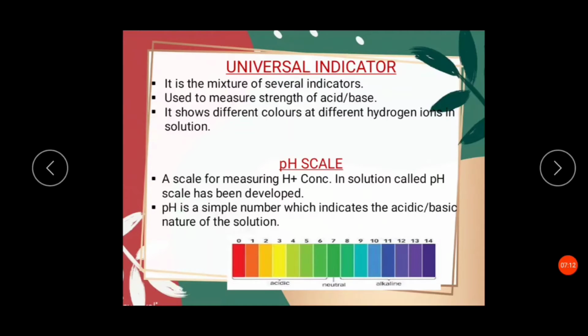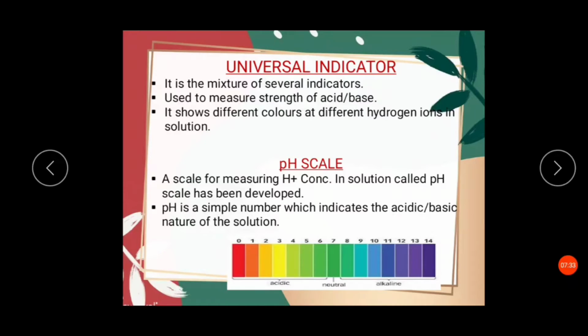Now, a universal indicator shows different colors at different hydrogen ion concentrations in a solution. It will produce different colors depending on the number of hydrogen ions present in the solution. Now that it will produce only color, you have to match that color.